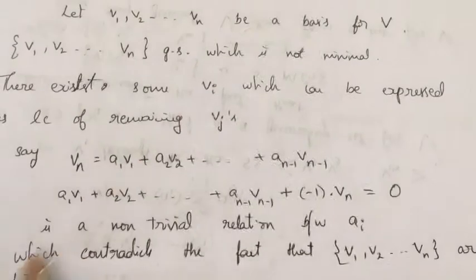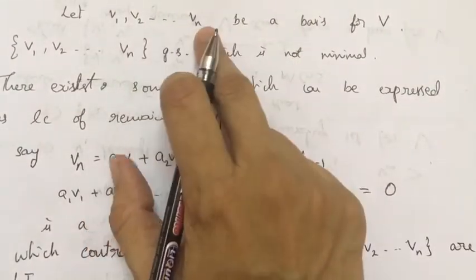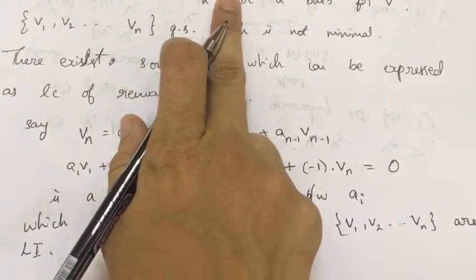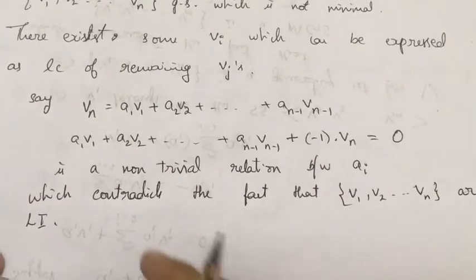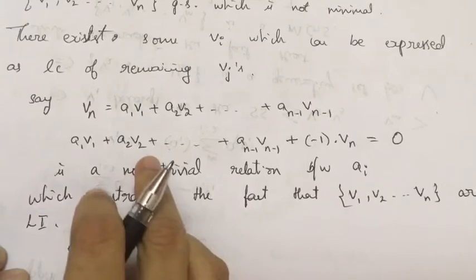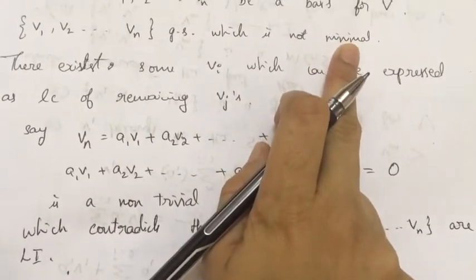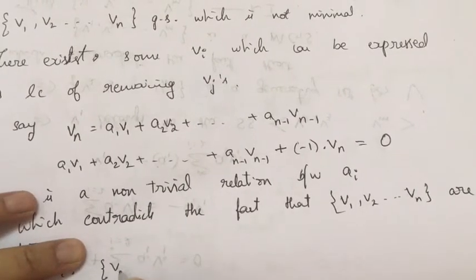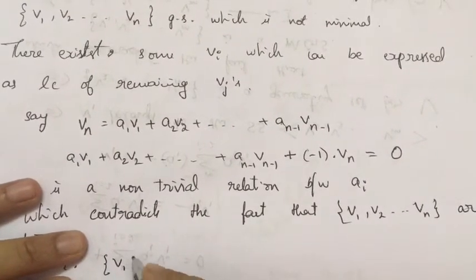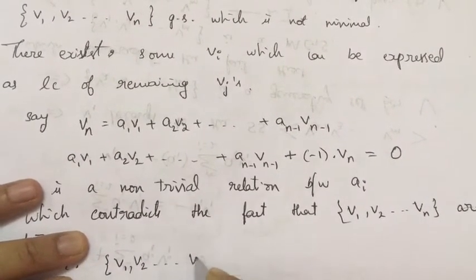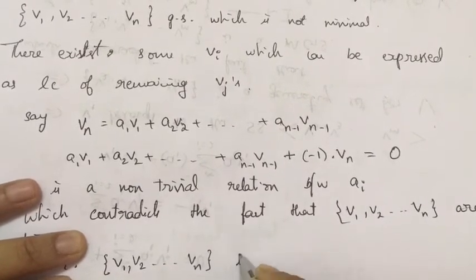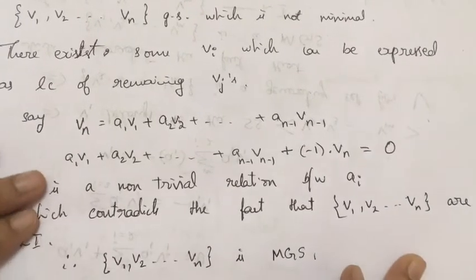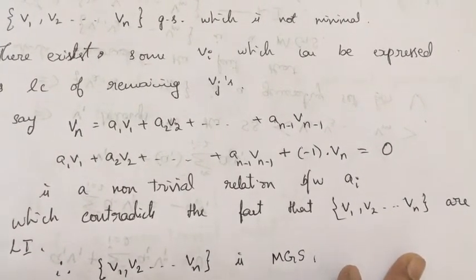Because I have taken that they form a basis, therefore they have to be linearly independent. Okay, therefore this set has to be a minimal generating set. Therefore v1, v2, vn is a minimal generating set. Hence the proof.